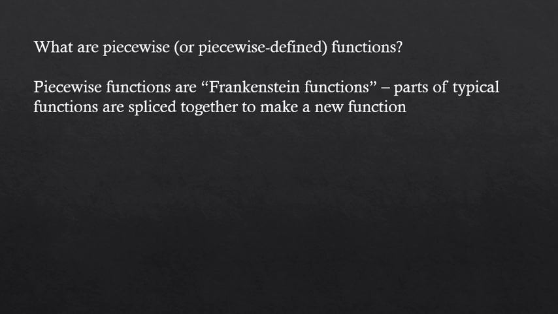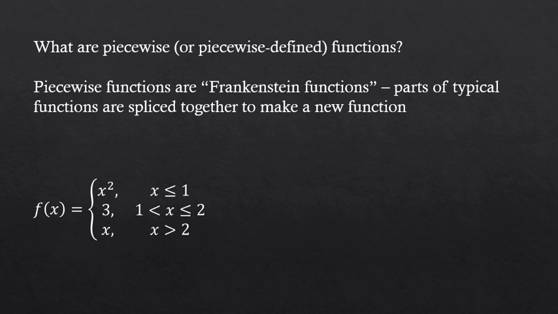Algebraically, for certain x values, you'll have a certain thing being what you plug those x values into. Here's an example of what I'm talking about. So this here is an example of a piecewise defined function.